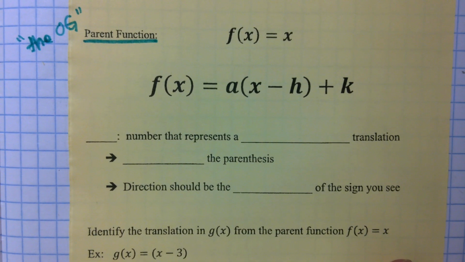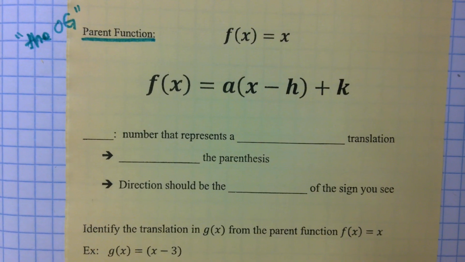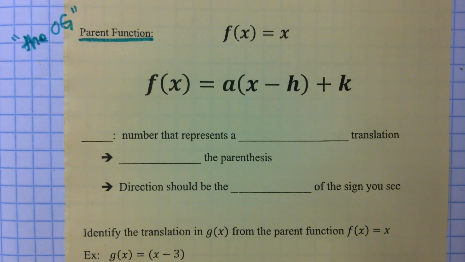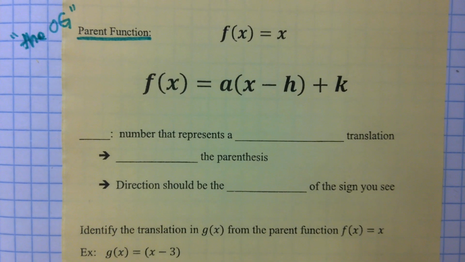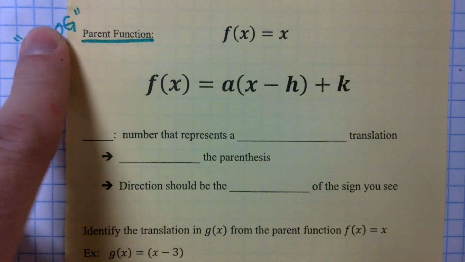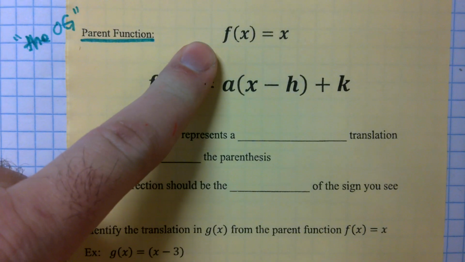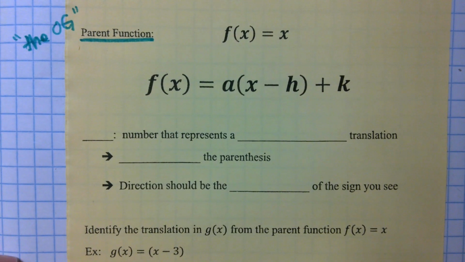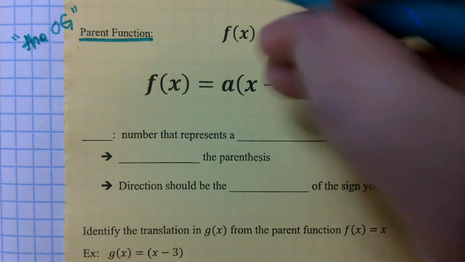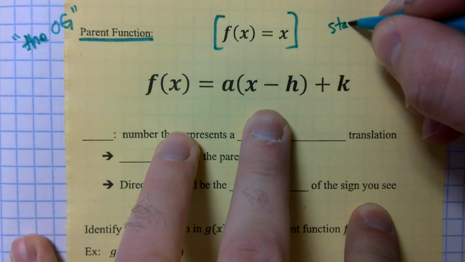It meant something different before. OG is an abbreviation for the original, right? Your parent is the original you, in a way, right? So my parent function is my OG. It's my original equation. f(x) = x. That's my parent function. All right? We can also think of it as my starting point.